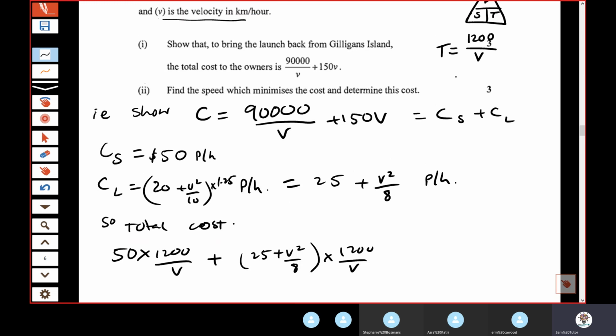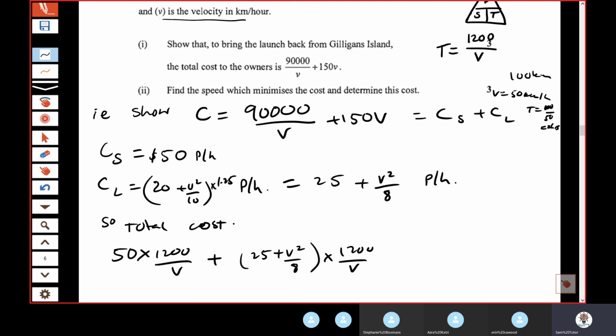Because time would be, if I told you you've got something to go which is 100 kilometers away, and I said your speed is 50 kilometers per hour, you would have found time as 100 on 50, which is 2 hours.